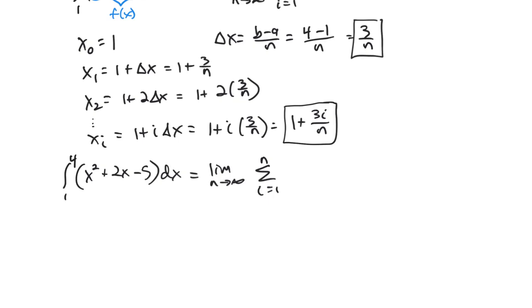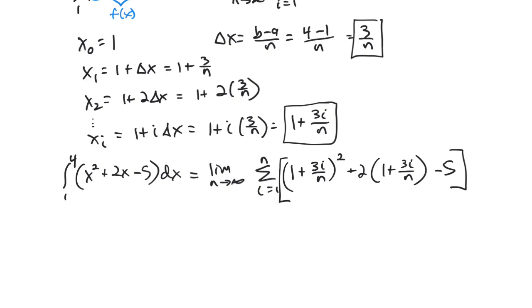So basically I'm going to write f of x, but wherever there's an x, I'm going to plug in x sub i. So this would give us 1 plus 3i over n, squared, plus 2 times 1 plus 3i over n, minus 5. So far I've got f of x sub i, and I need to multiply that by delta x, which is 3 over n. So you get times 3 over n.